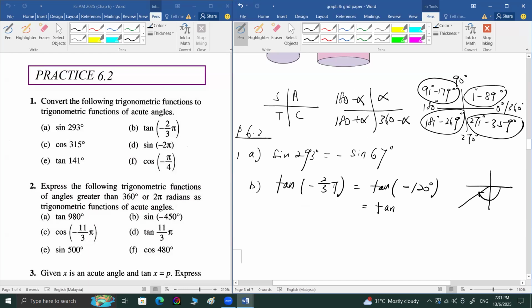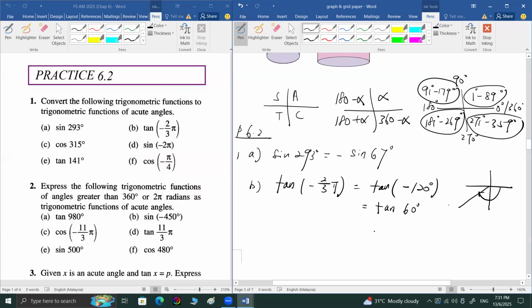We do the same thing, because we go a different direction. 180 minus 60, you got 120. When you go the opposite direction, the way to calculate is the same as going this way, the second quadrant.